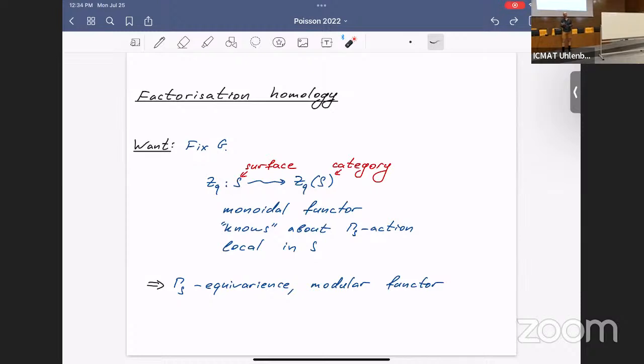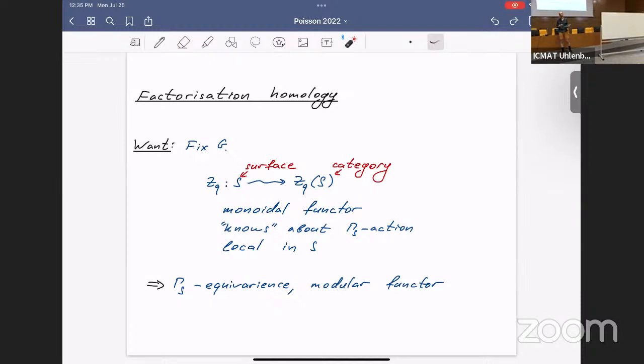And then I really want some functoriality property from it. So what I really want is for Z to be a monoidal functor. Which means that I'll explain that this is part of some category, this is also part of some category, or an object in the category, and I have monoidal structure, and I have a monoidal functor. Moreover, I want this Z to somehow know about the action of the mapping class group.